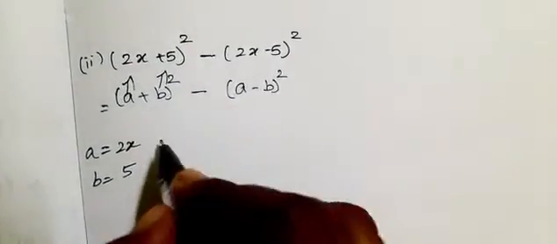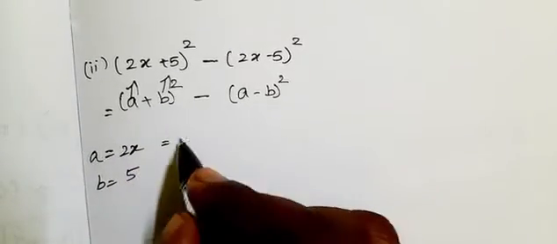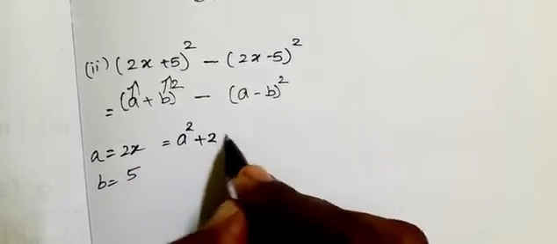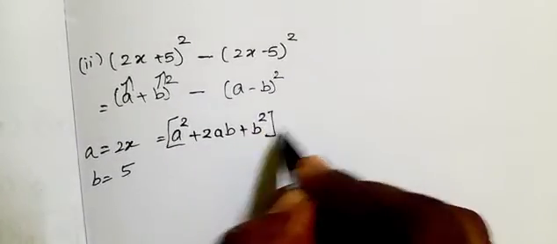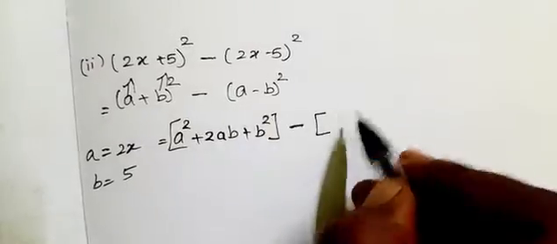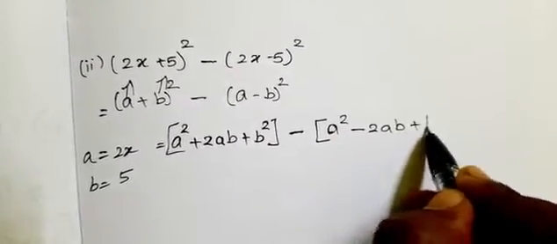So let us substitute the values in this expansion. First, the expansion of (a + b)² is a² + 2ab + b², minus the expansion of the second identity, a² − 2ab + b².